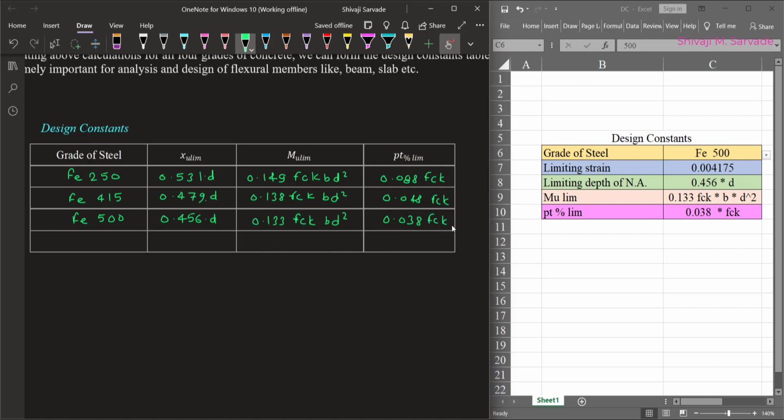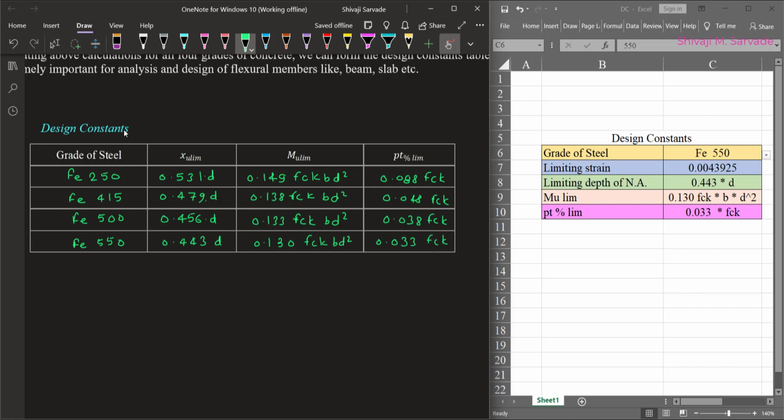And we have one more grade, that is Fe550, very high strength. For that we have the XU limiting as 0.443 D. We have MU limiting as 0.130 FCK BD square, and we have PT limiting equal to 0.033 FCK.